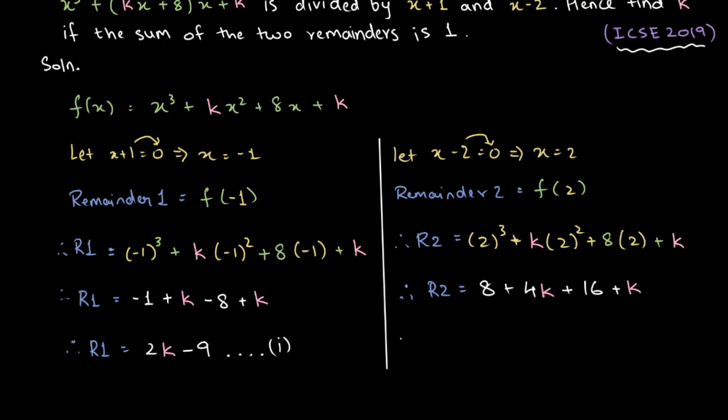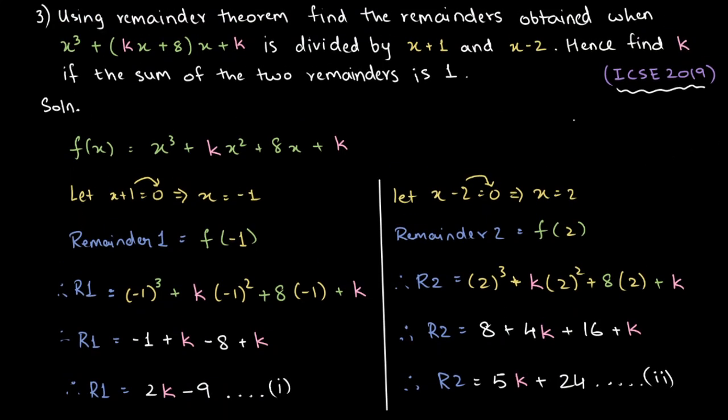Finally, I can say the value of r2 is equal to, what do we have? 4k plus k, which is 5k, right? 5k, and 8 plus 16 is 24. Let's mark this as equation number 2. So we have the two remainders, first one when it's divided by x plus 1, and second where it is divided by x minus 2.